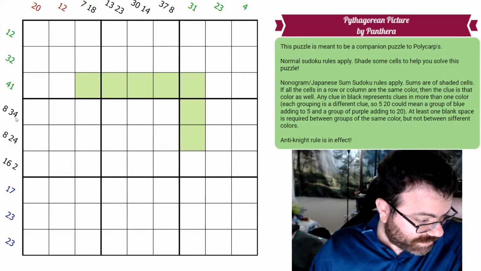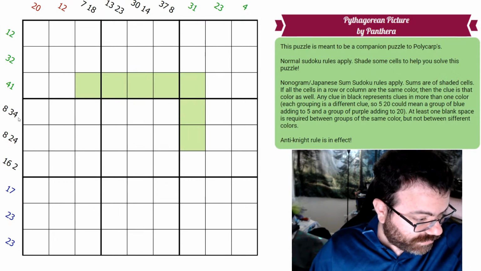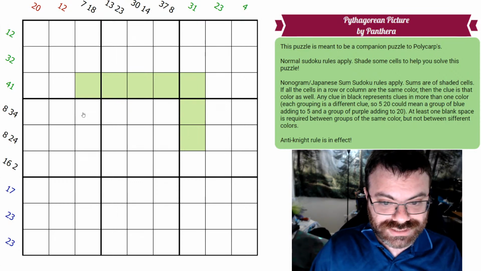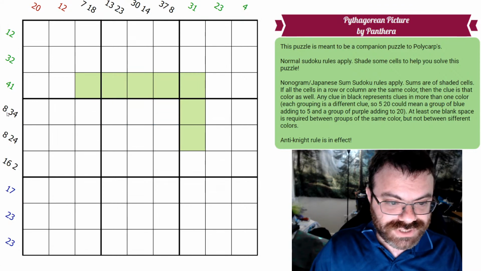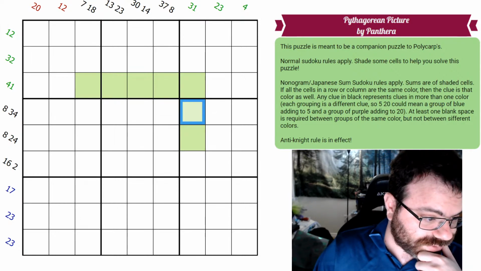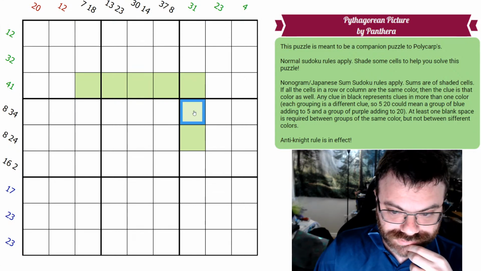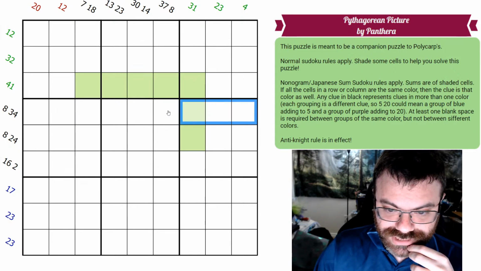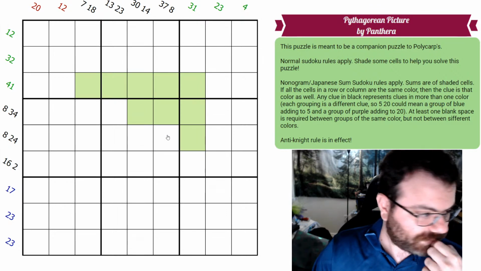I don't know why I believed you. So we've got 3 remaining, so it could have, I think it's the same as this, but now we know what color it is. This is the 34. So the 34 is green and has to be at least 5 long. So it could take these 2 again, but then it has to take these 2.